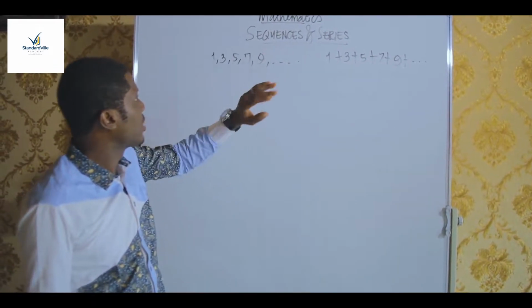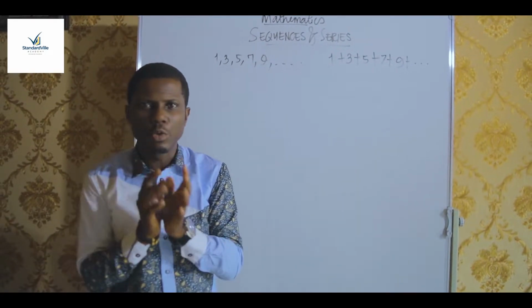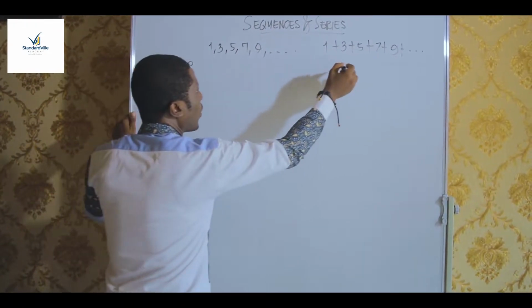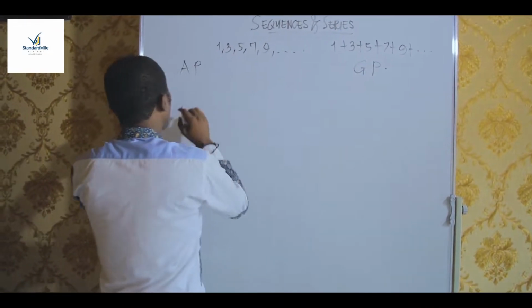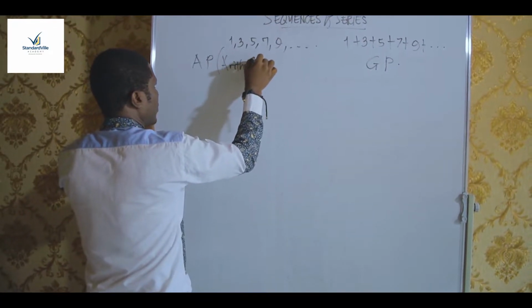To be able to solve sequences and series, you need to understand that everything under this topic has been grouped to become either an AP or a GP. When we say AP, we're saying arithmetic progression.